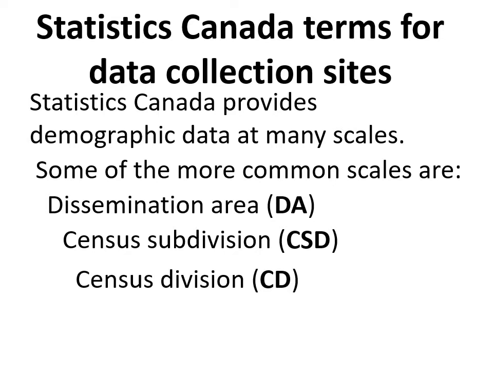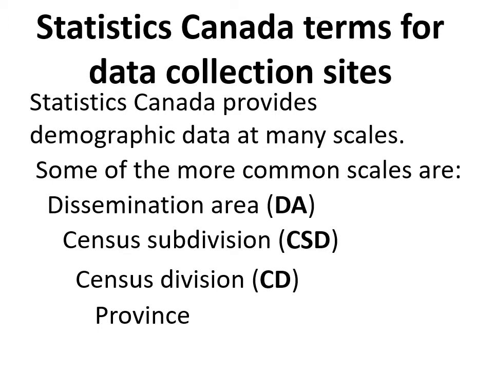Census divisions are even bigger than census subdivisions, and in Ontario, these correspond to regional municipalities often. So for instance, in Niagara, there's 12 census subdivisions because there are 12 municipalities. So we have 12 CSDs, but there's only one census division in Niagara because there's only one regional municipality that sits over all of those.